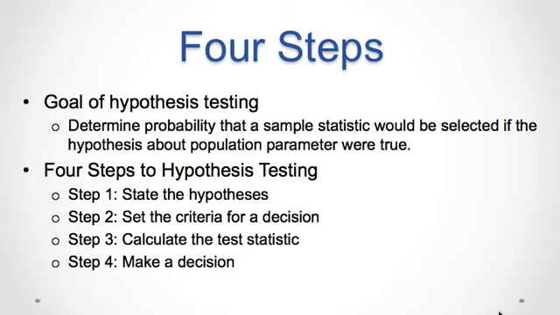So we would calculate the z-score and find the probability for the sample mean we calculated. Step 4, make a decision. Determine if the sample mean we calculated is close enough to the population mean, that would be a large probability, or the sample mean is far enough away from the population mean. That would be a small probability.